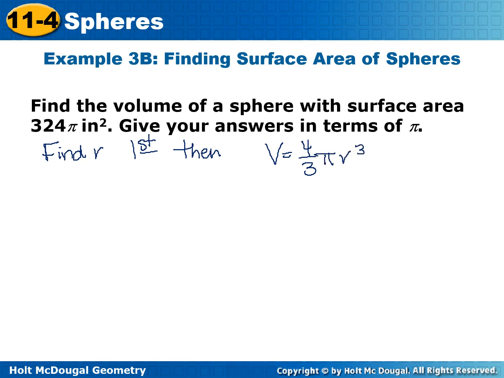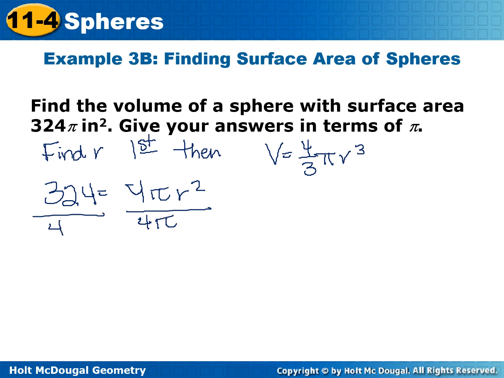So the surface area is 324 pi, and that formula was 4 pi r squared. So the first thing we're going to do here then is divide by 4 pi. That will give us r squared here.